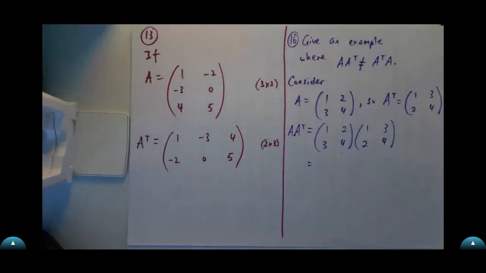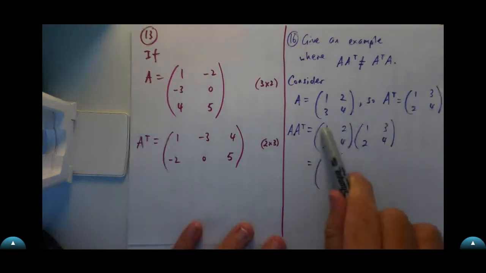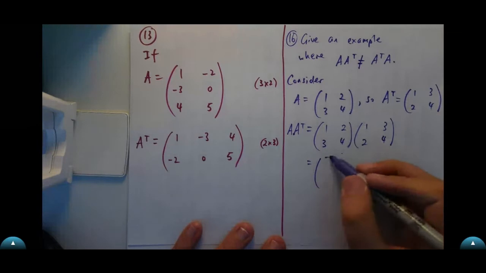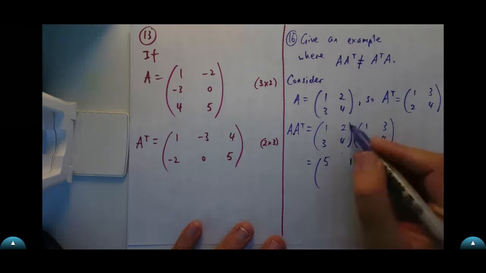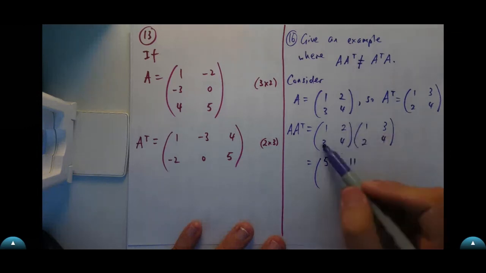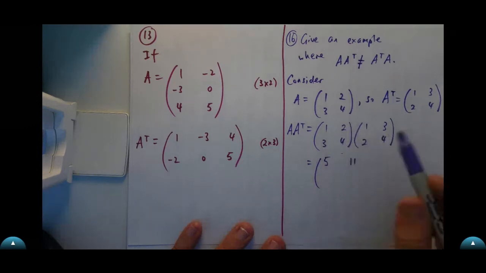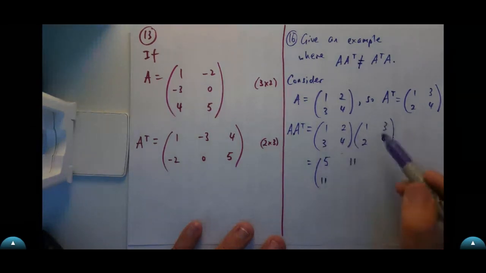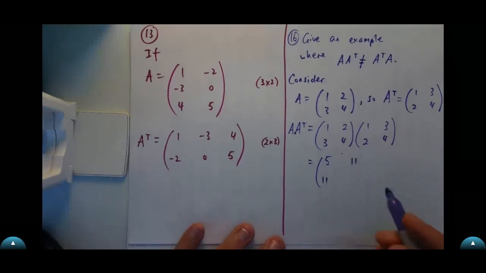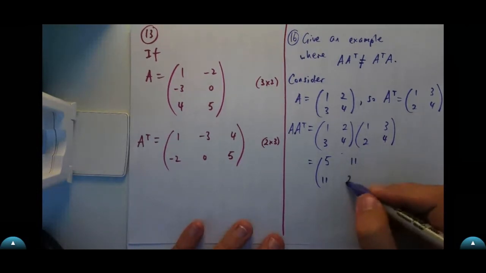All right, so let's remember how we multiply matrices. It's rows times columns. So 1 times 1 plus 2 times 2 is 5. 1 times 3 plus 2 times 4, that's going to be, oh sorry, 8 plus 3 is 11. 3 times 1 plus 4 times 2, that's also going to be 11. 3 times 3 plus 4 times 4, so that's going to be 25.